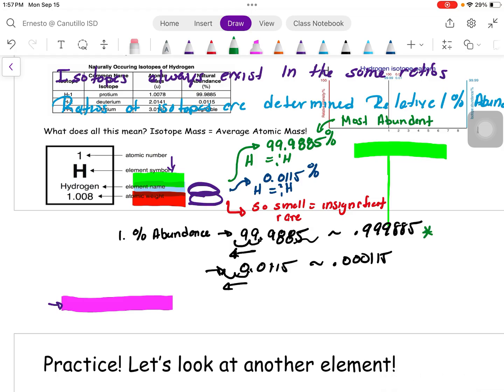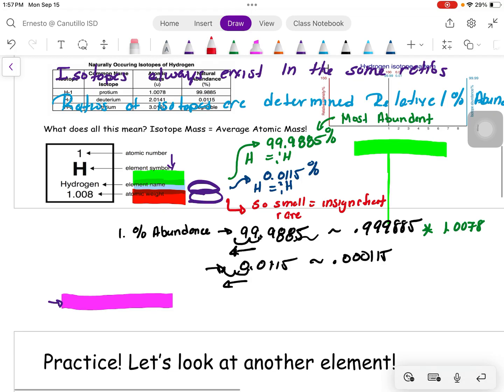So this one, 0.999885, gets multiplied by 1.0078. And then this one gets multiplied by 0.000115.